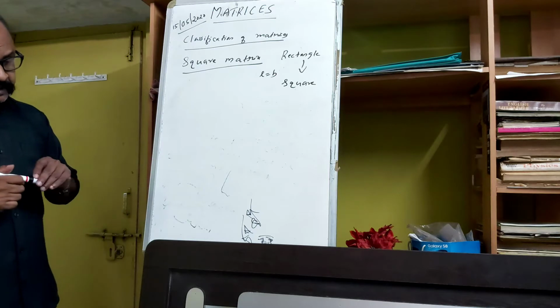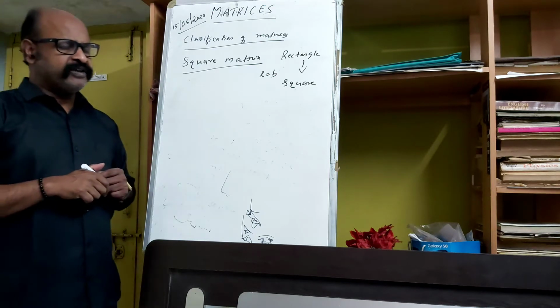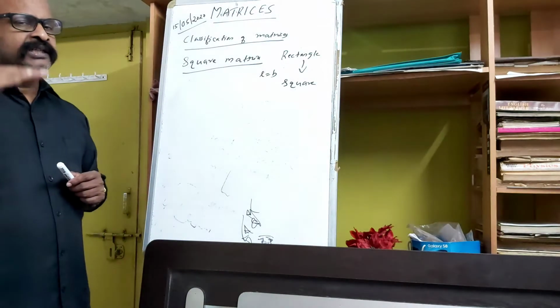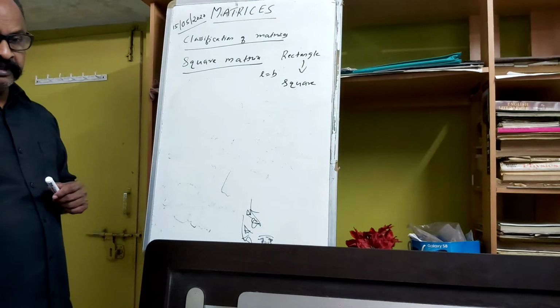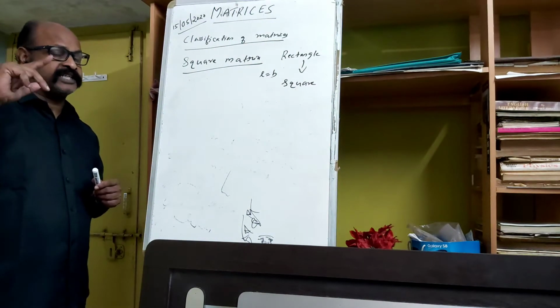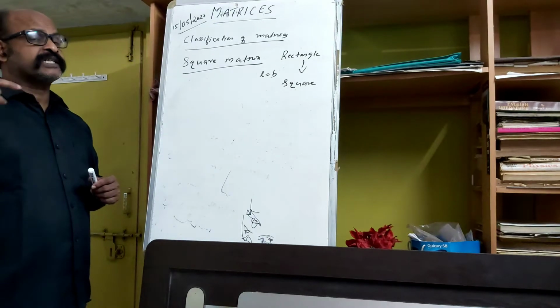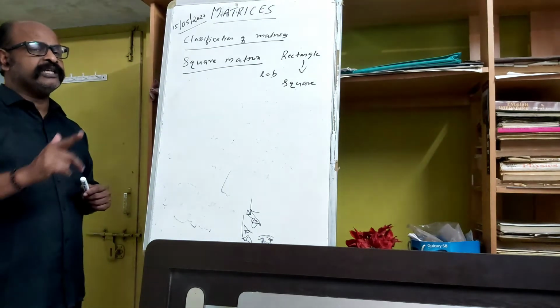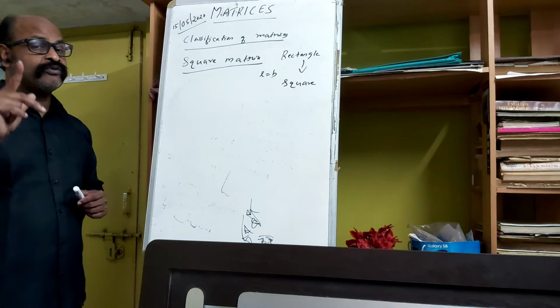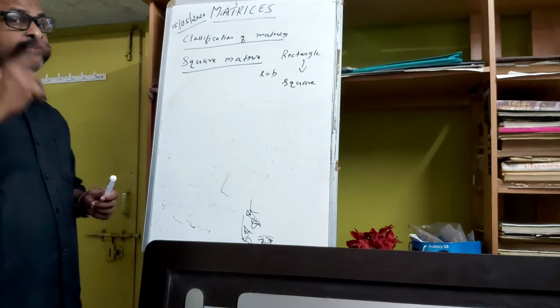So a matrix is a rectangular arrangement. What does it mean? If we take any matrix, there is a rectangle. Now in that matrix, length means, the corresponding concept in the matrix is the number of rows, and the breadth means the number of columns.